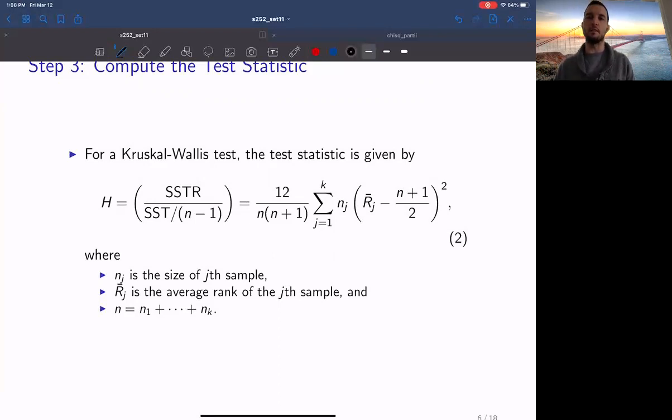So now we're basically just saying, if there's a large variation between the averages compared to the overall variation among the ranks, then we would have evidence of a difference. So it's a very similar rationale, but it leads us to a closed form test statistic, which we can utilize to check for a difference among the treatment medians.